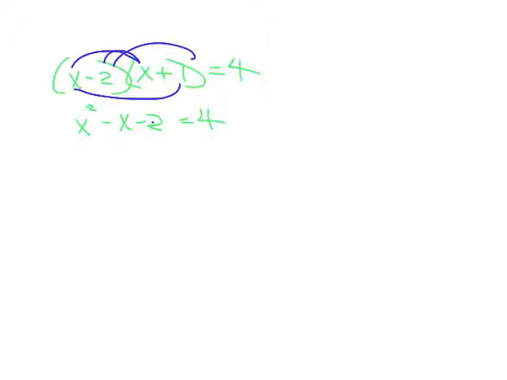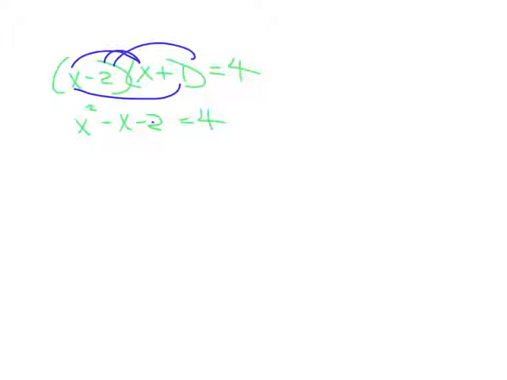But again, why is it that I can't say x equals 2 or x equals negative 1 like I did before? Because it's not equal to 0. If this were 0, I could do that. The only time I can do it. But because it's a 4, all I'm going to do is the FOIL method, bring this 4 over, set it equal to 0, and factor it back so it looks like this again, but it's equal to 0.